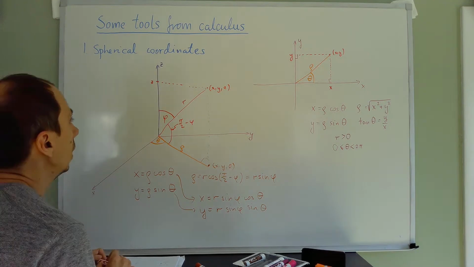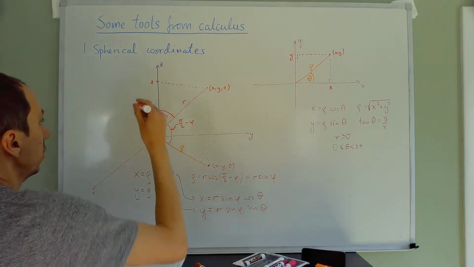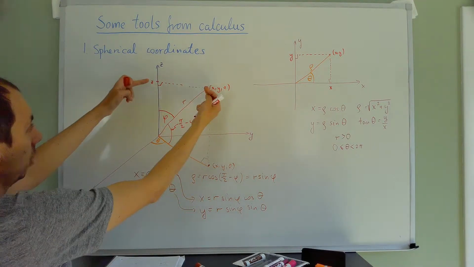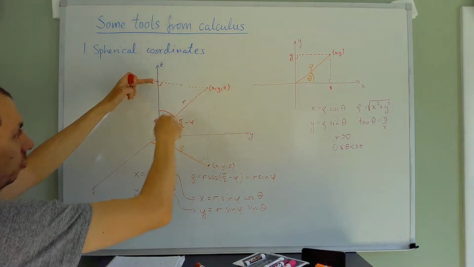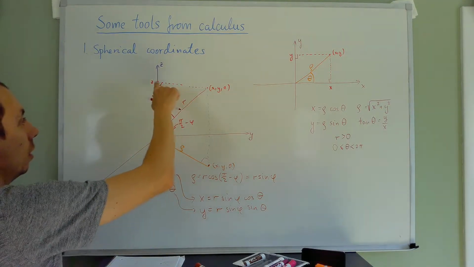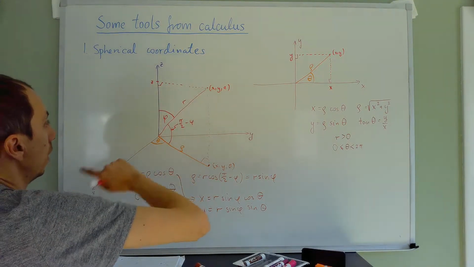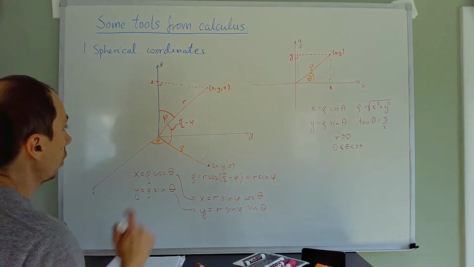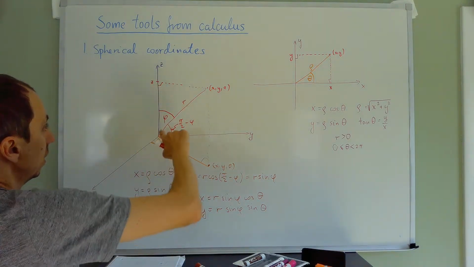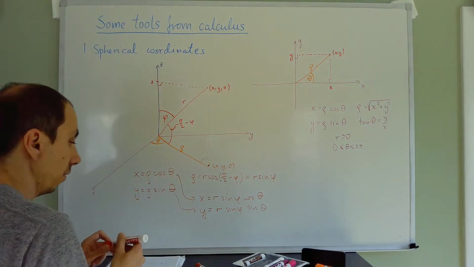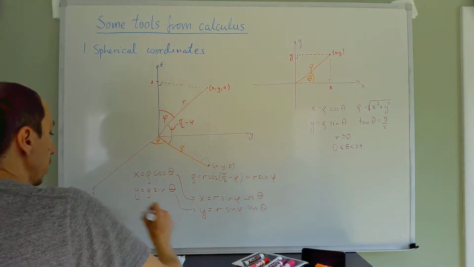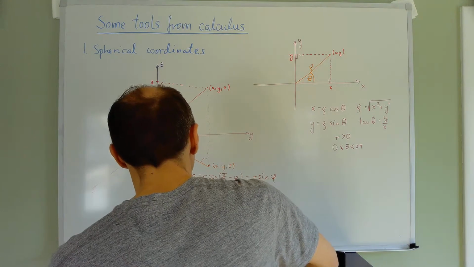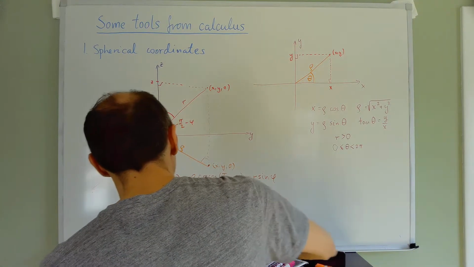And again, the right angle is here, so this is the hypotenuse of this right triangle. Remember, this point sticks out a little bit, so it's like a right triangle that goes out like that. So I get that cosine of phi is z divided by r. So z is r cosine phi.